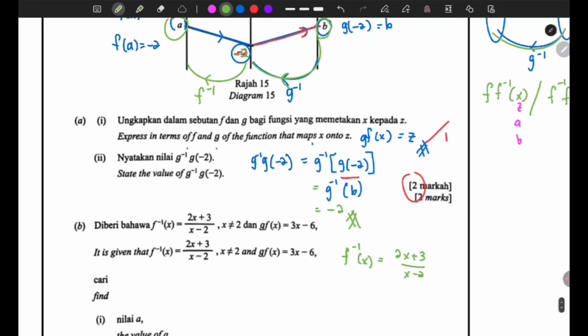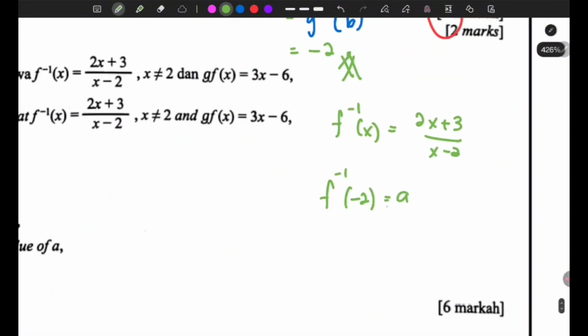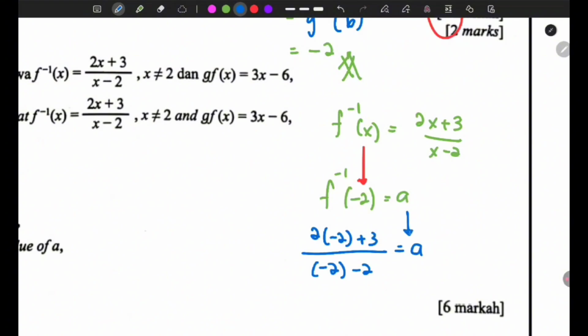So I can say my f inverse of -2, I will get what? a. So put inside this equation. Now your x is -2. So put every x there -2. So 2 times -2 plus 3 over -2 minus 2. This will be equal to my a.